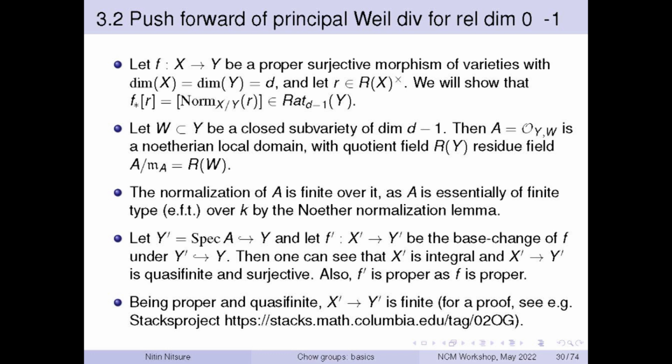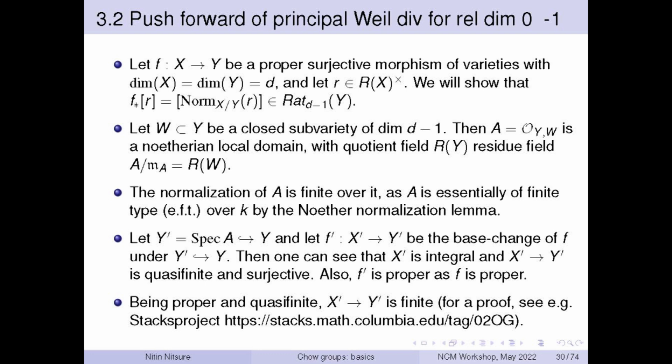Okay. So take various codimension 1 subvarieties, and now I am going to look at one of them at a time. So I take one codimension 1 subvariety, and I take the local ring at its generic point. This is a one-dimensional Noetherian domain.